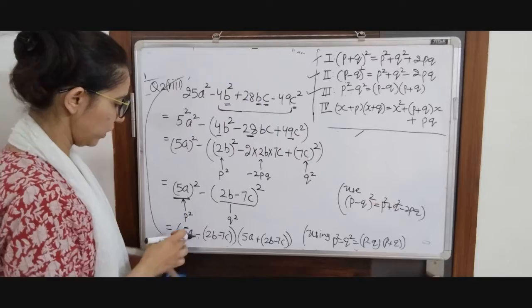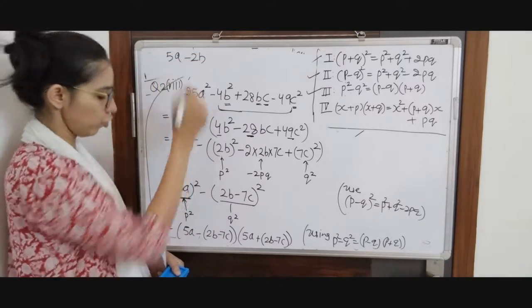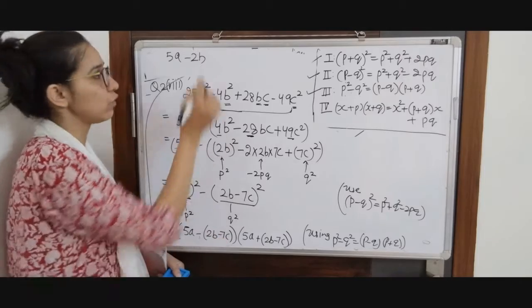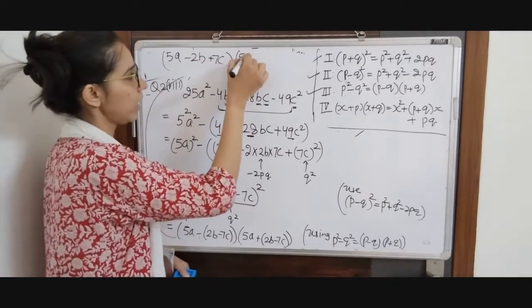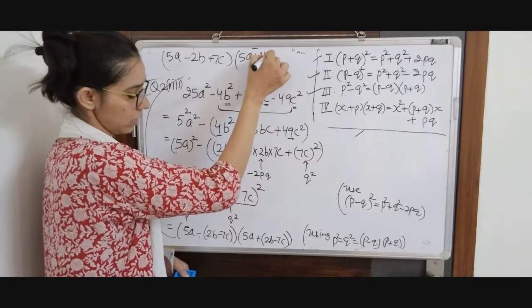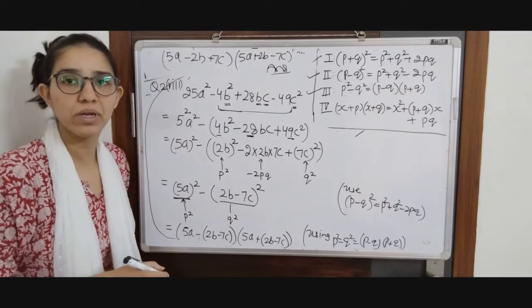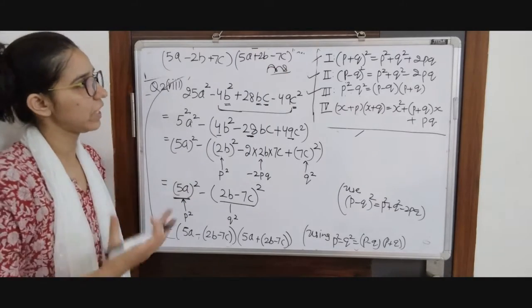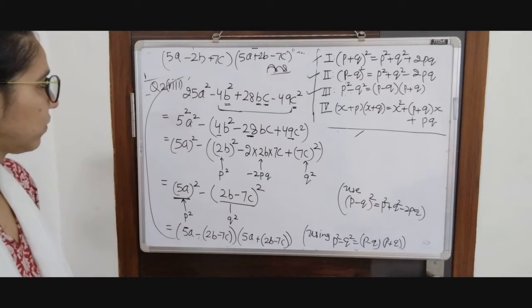So this is going to be 5a minus 2b, because 2b was positive, and 7c is negative, so 7c is going to be positive. Then we have 5a plus 2b minus 7c, and this is going to be your answer because you can't do further factorization. These are the irreducible factors as we discussed.